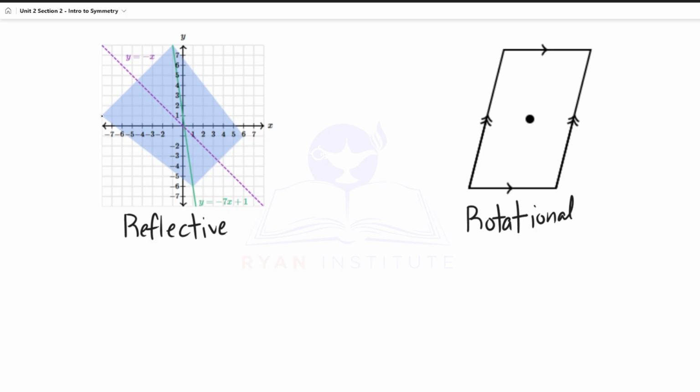So if I were to take this point, we're going to label this point A, and take this point A, and I want to reflect it across this green line. So we're going to reflect this all the way across. We're going to go the same distance. This would now be that A prime.